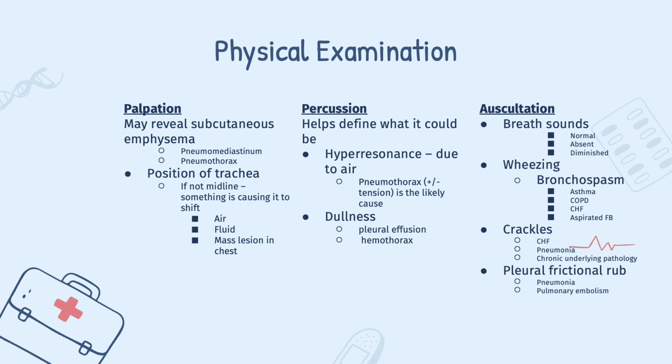So pulse ox is extremely important, but think about your ABGs as well as your pulmonary function tests. We tend not to do pulmonary function testing in the emerge department, but there are some quick, easy tests that give us that same kind of information.